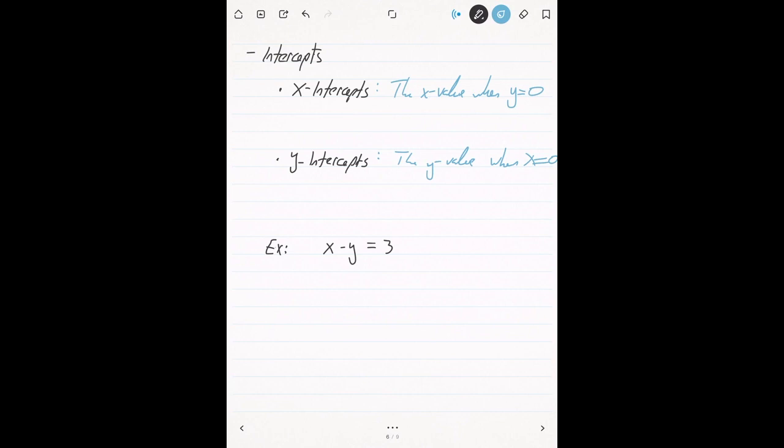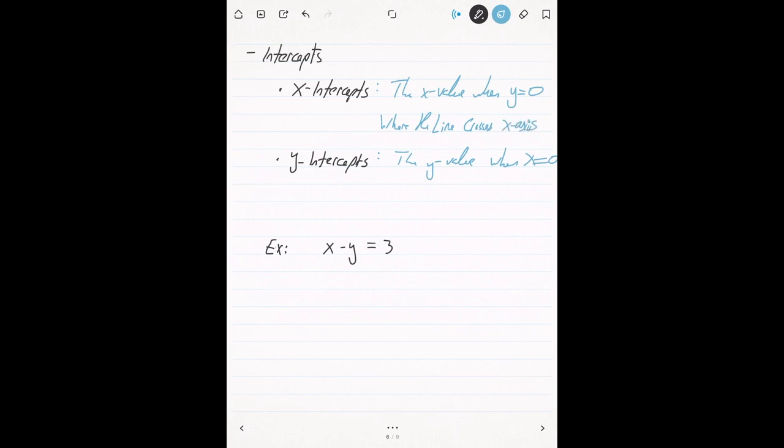That's the idea here. The intercepts occur on the axes. So graphically, this is where the line crosses the x-axis.